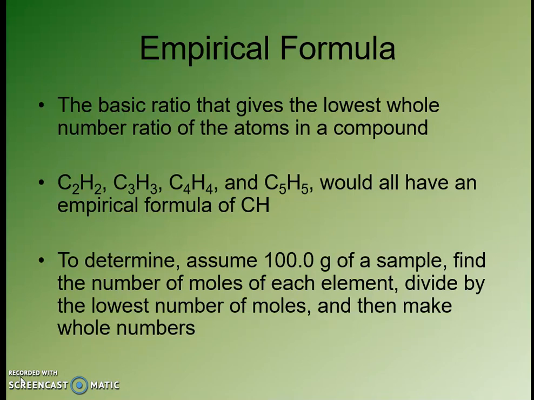And then we're going to divide by whichever one we have the lowest amount of to make it a better ratio for us, to give us some number to 1, or some number and another number to 1, because it's a lot easier to work with that 1 and then the other proportions. And then lastly from that, we just have to take that ratio and figure out what we can multiply each of those by to make them into whole numbers, because you can't have partial amounts of atoms. So there's a lot of little steps that are going to go along with this, but each step in itself isn't a whole lot of work.